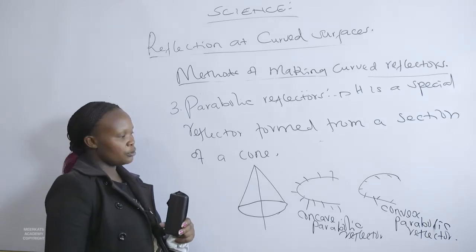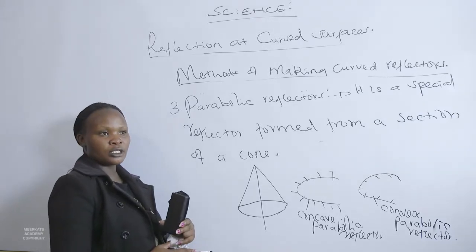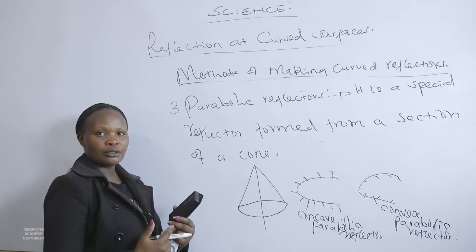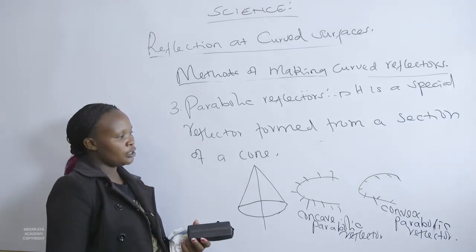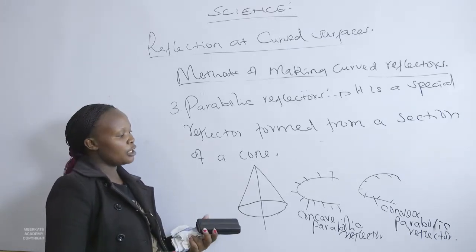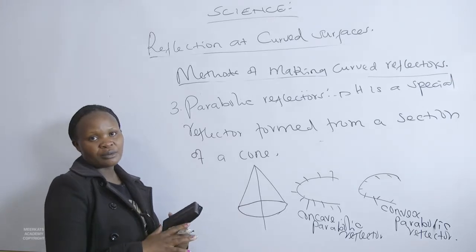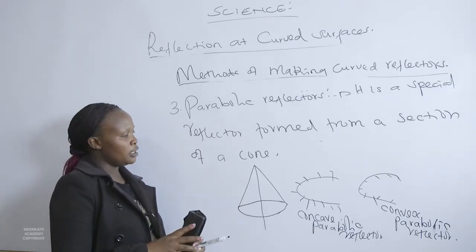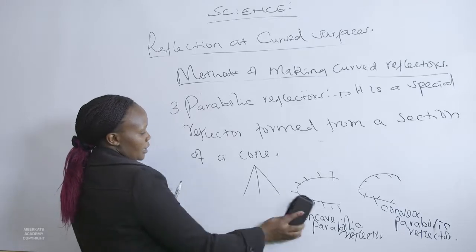So depending on which part of the cone that you cut and how you silver it or polish it, you can come up with any of those two types of parabolic reflectors.